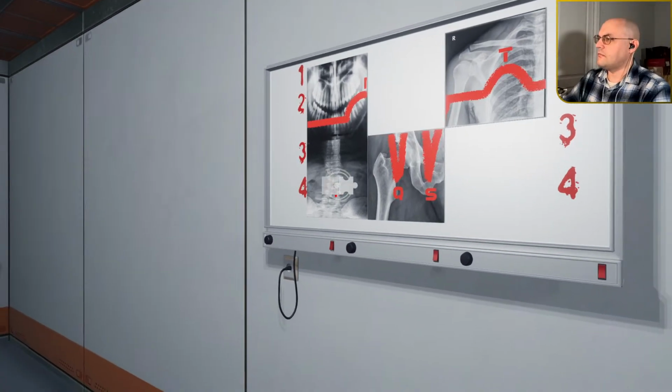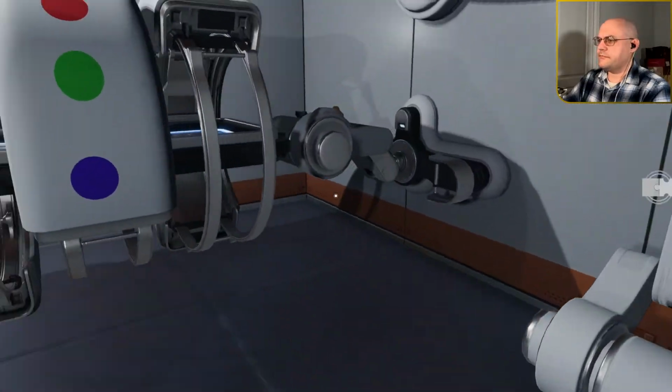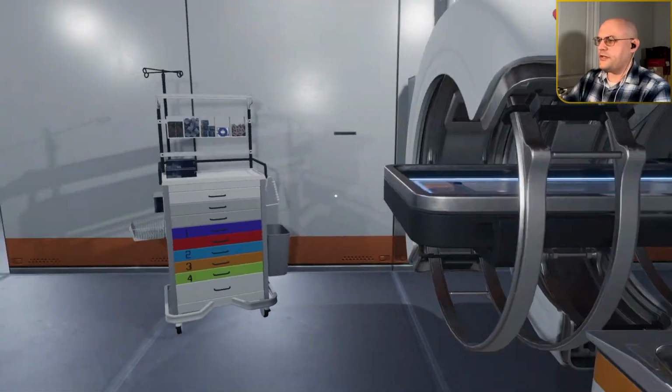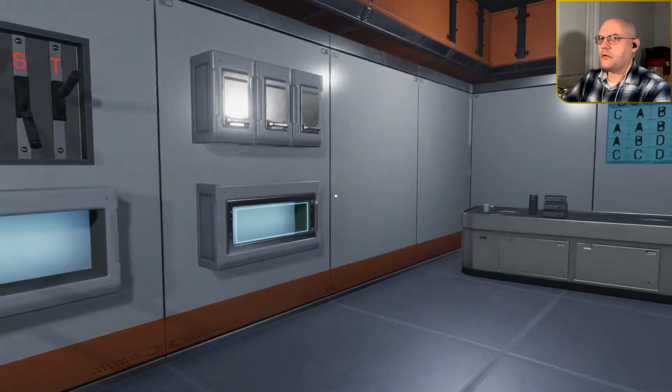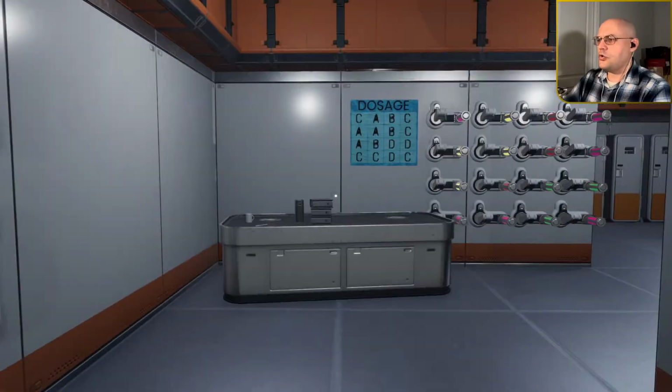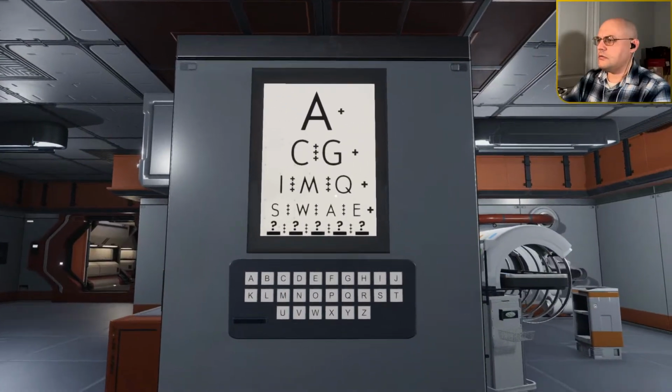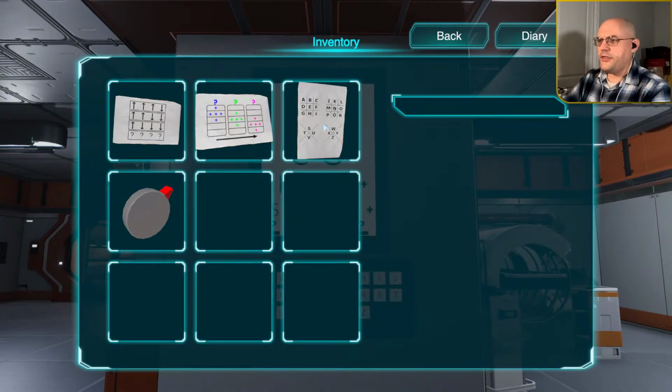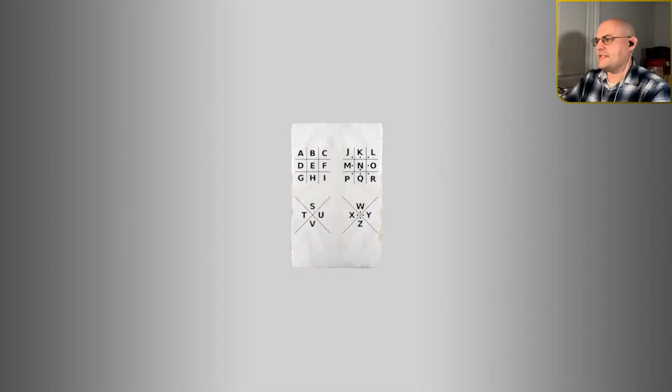That's weird. That's all messed up now. I don't think it matters because we've already solved that, but... So... The only clue I have to this is this sheet.